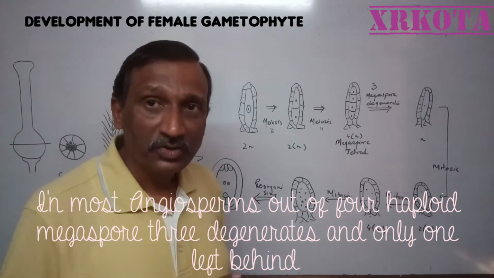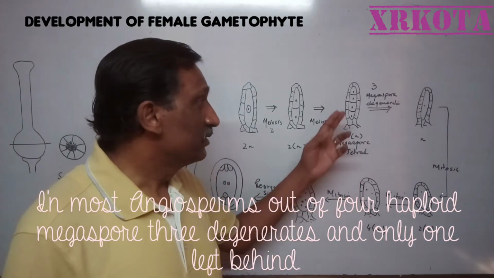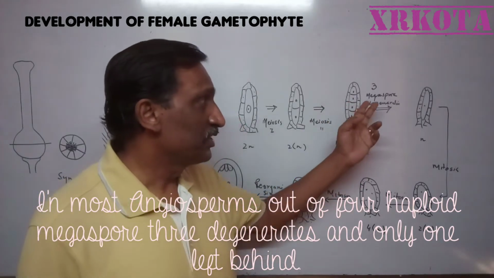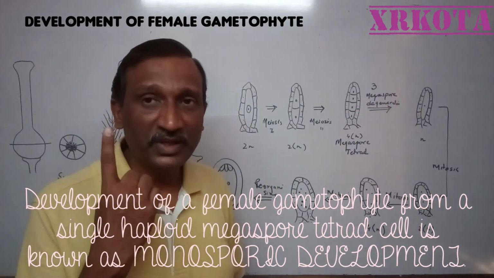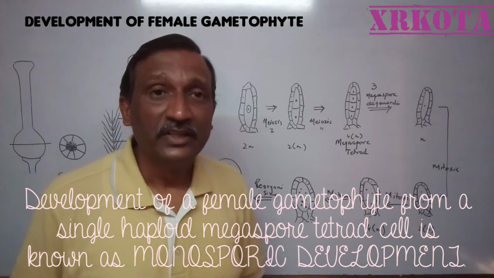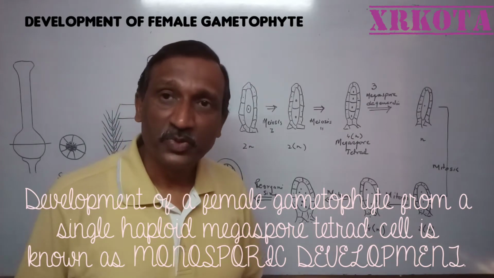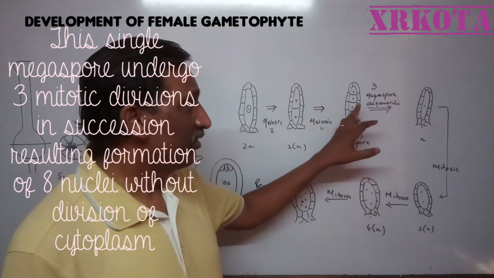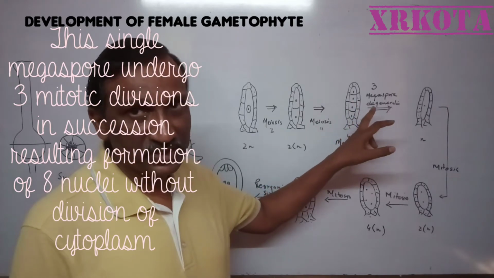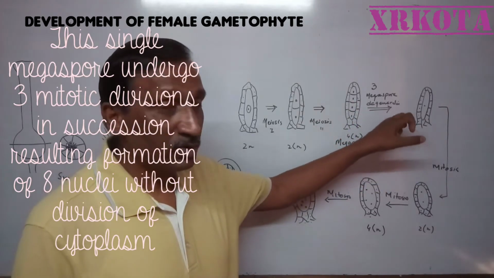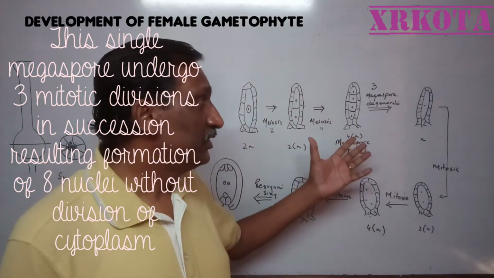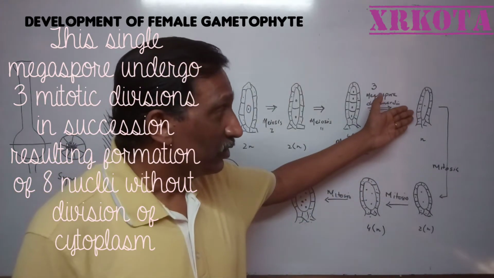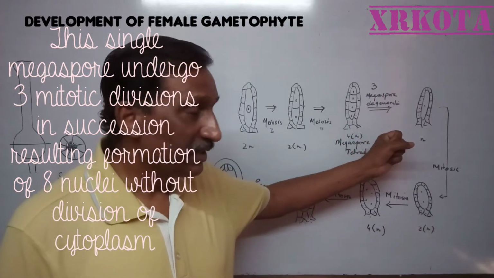In most angiosperms, out of these 4 megaspores, 3 degenerate and the rest of the development takes place from 1 megaspore. That is known as monosporic development. So after the 4 megaspores are formed, only 1 forms the mature gametophyte, and the other 3 degenerate. This one on the left is the single megaspore.